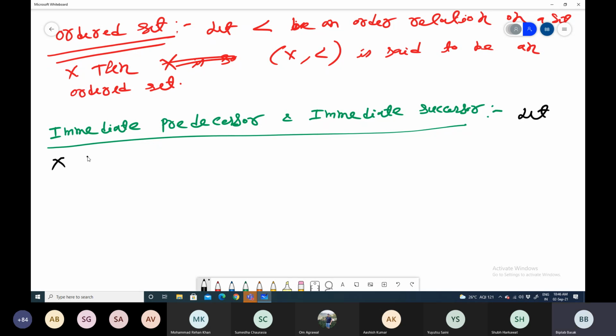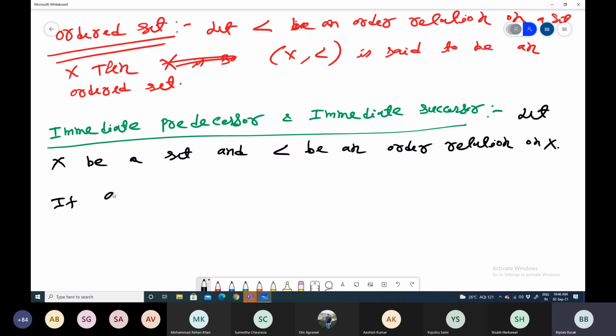So let X be a set and let this be an order relation on X.